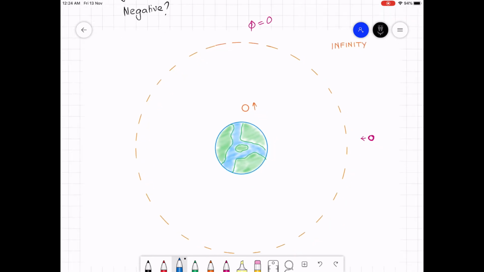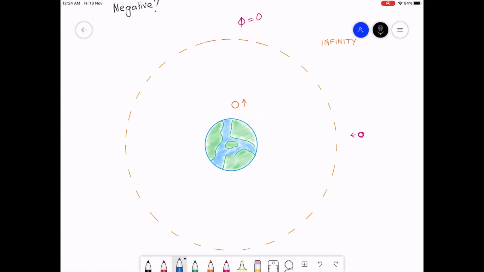So, thinking about it simply, if you move an object up, you are doing work on it. You increase its potential energy, as we have explained a couple of minutes ago. Now, the higher you go up, the higher its potential energy.